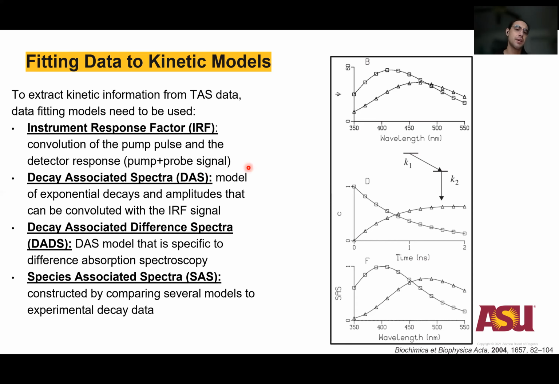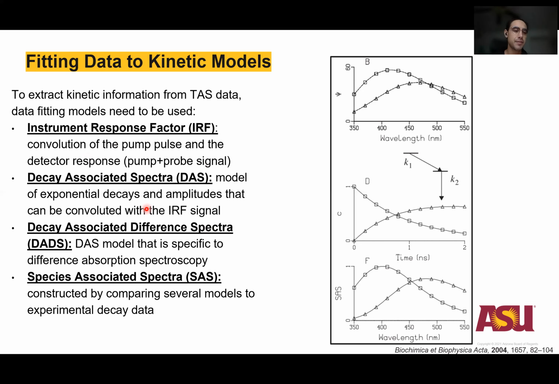And that's going to be instrument specific, so that information is going to need to be taken into account. And then you're also going to need to utilize these decay associated spectra, so these are models of exponential decays and amplitudes that can be convoluted with your instrument response factor.